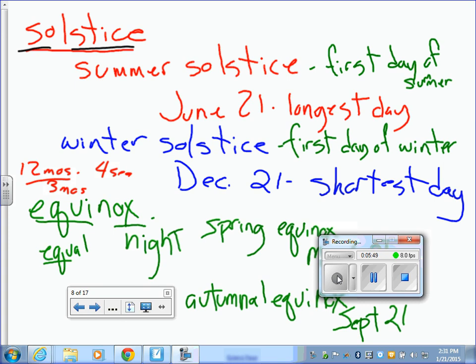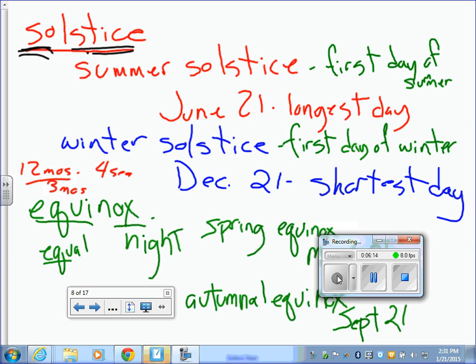So first we have the solstice. Solstice means sun stops. So the winter solstice, which we just had in December, is the longest night and the shortest day. And so for us, the Earth is at its greatest tilt.